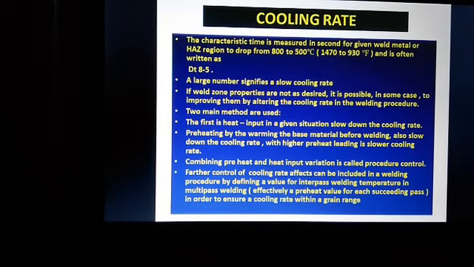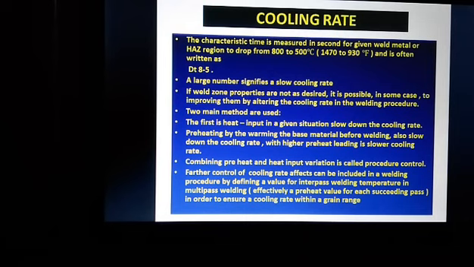The characteristic time is measured in seconds for the given weld metal or HAZ as it drops from 800 to 500 degrees centigrade, and is often written as delta T 8 to 5. A large number signifies a slow cooling rate.